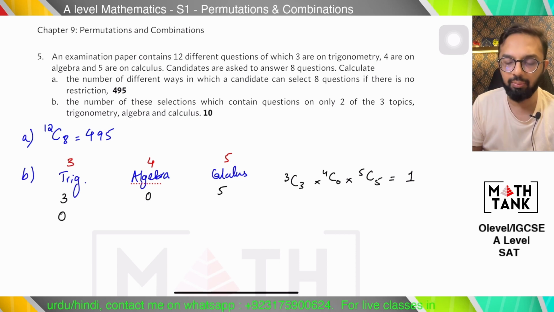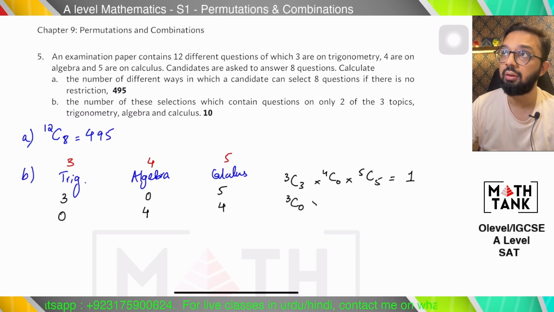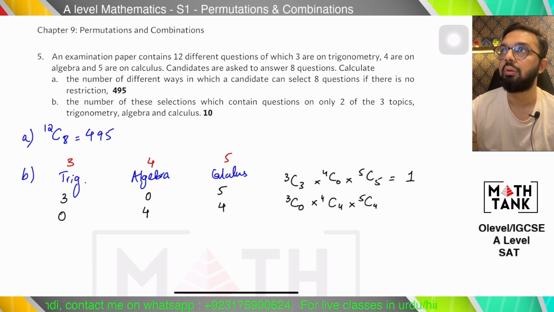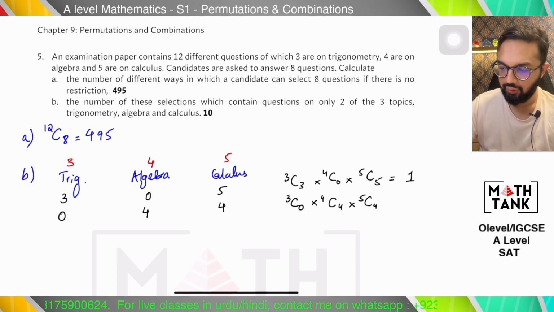I couldn't combine trigonometry and algebra. Now let's talk about algebra and calculus. So I could select 4 from here, and I could select 4 from here as well. So that should give me 3C0 into 4C4 into 5C4. Okay, so that gives me, I think, a total of 5.